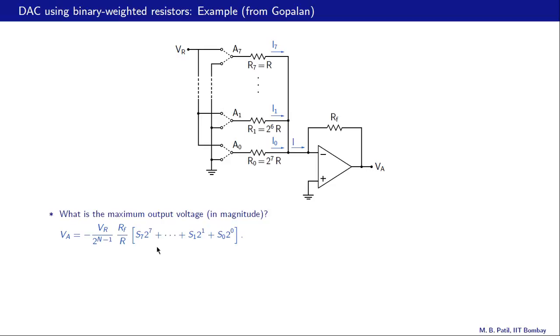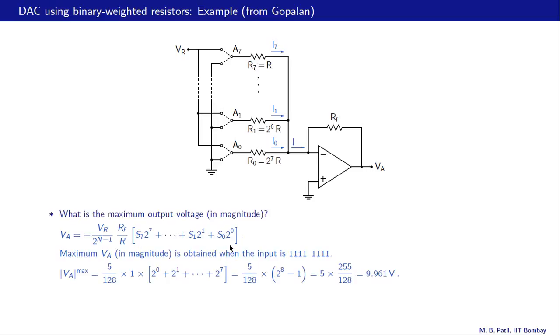That means all these bits are equal to 1. So the maximum VA in magnitude is obtained when the input binary number is 11111111. So all we need to do now is to replace all these S's by 1 and evaluate this bracket, and that is what we get.